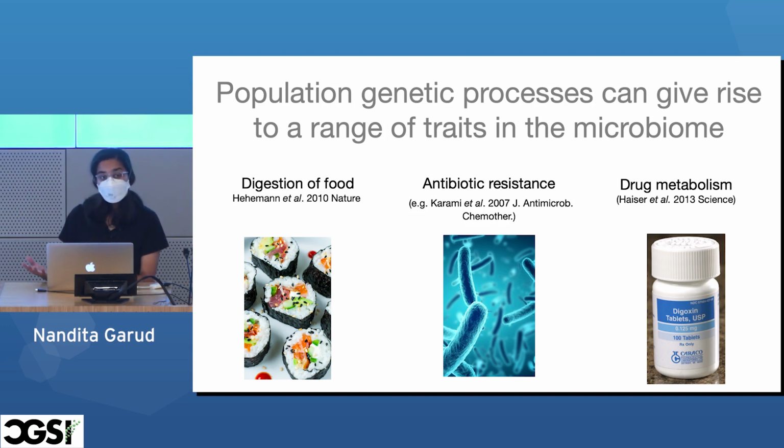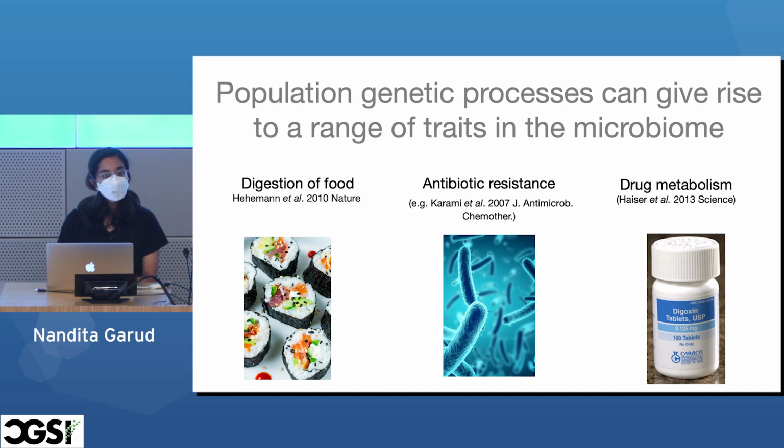Interestingly, it's not the presence of the species Eggerthella lenta that inactivates the heart drug digoxin. It's actually the presence of a genetic variant in that species that has such a critical impact on host phenotype. So these are just anecdotes of what effect the mutations in our microbiome have on our health.